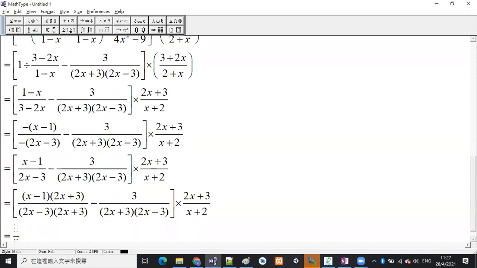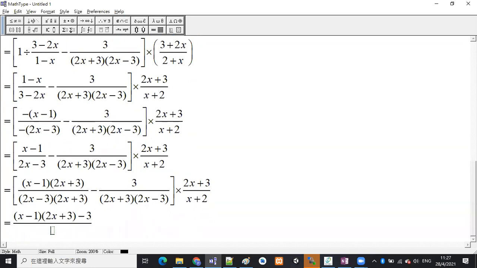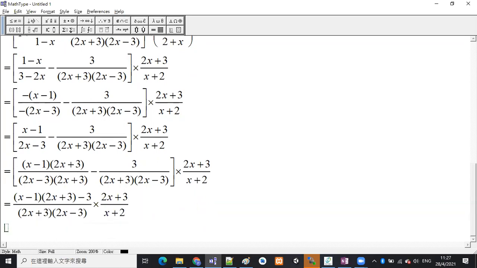And then merge the two fractions into one single fraction, like this. You need to expand the brackets on the top, but not on the bottom. So 2x squared, plus 3x minus 2x becomes plus x, minus 3 becomes minus 6.